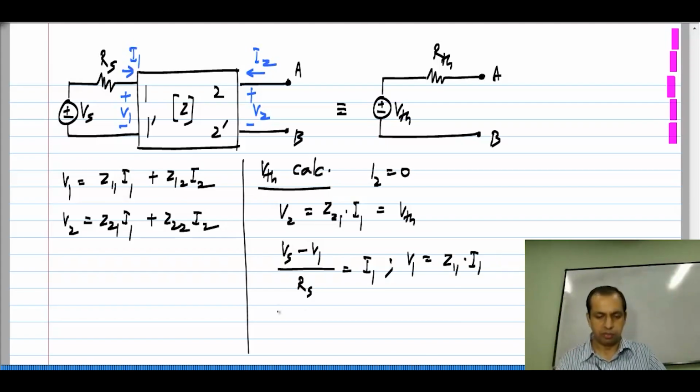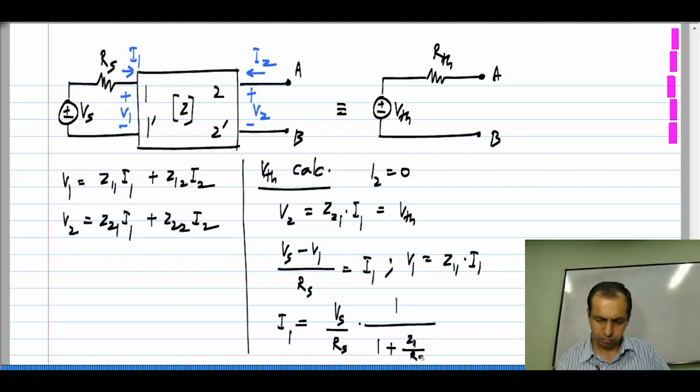So, putting these two things together, we will get I1 to be Vs by Rs times 1 by 1 plus Z11 by Rs. So, this is what comes out of the calculation, and V2 will be simply Z21 times this value.